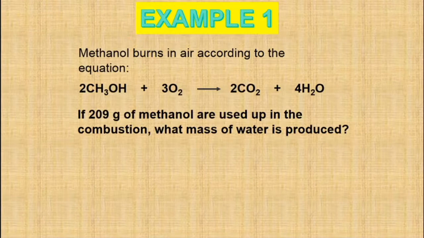Alright, so now let's look at the solution, or the answer to this example. Okay, so firstly, what we need to do is determine how many moles of methanol are combusted in this reaction.